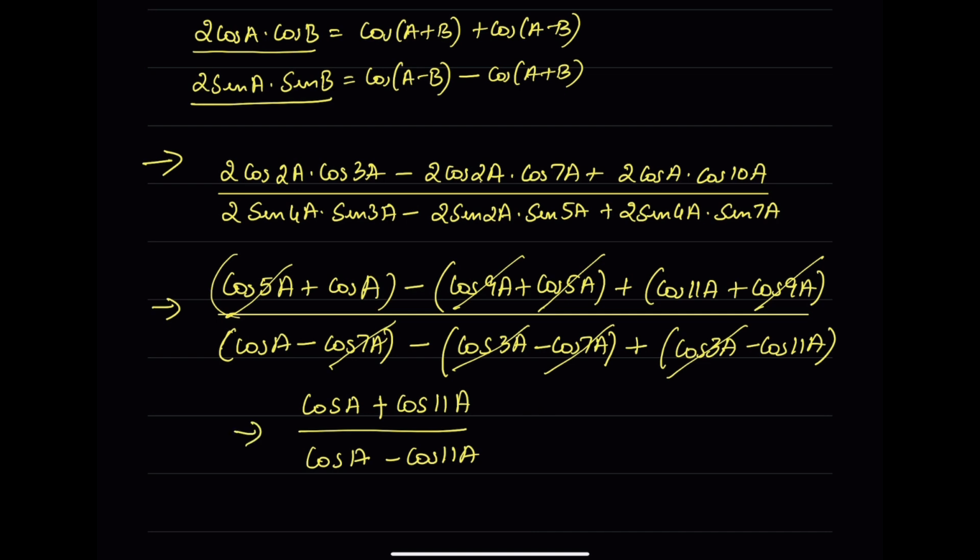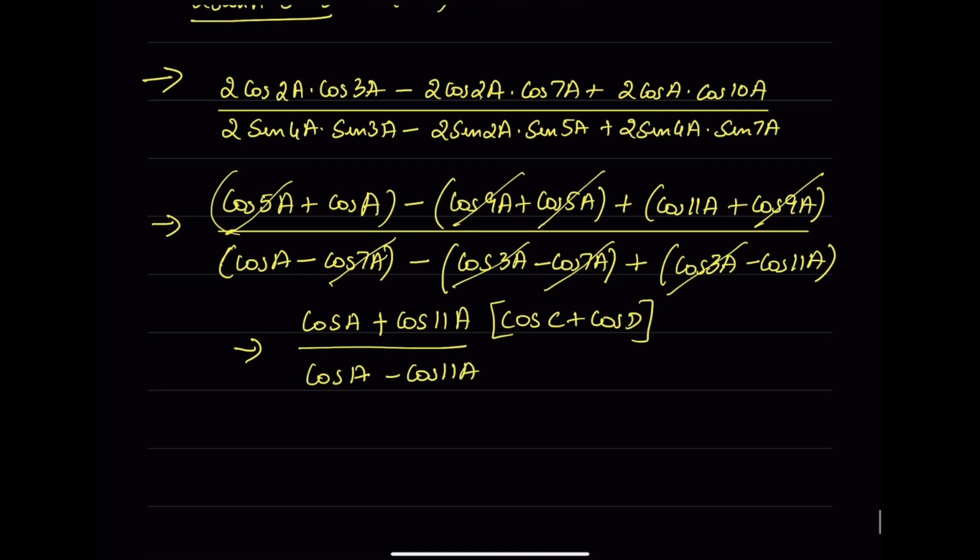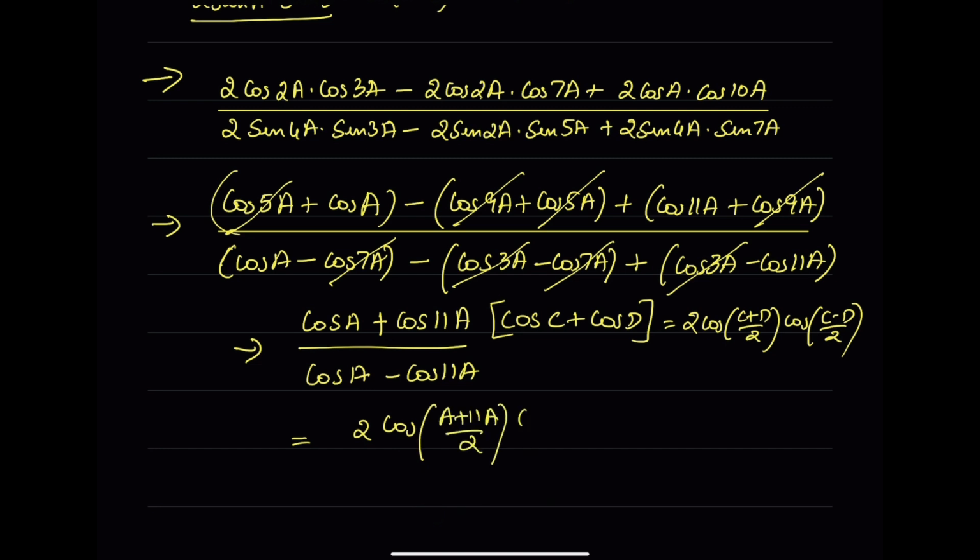Okay, now this is of the format cos c plus cos d. So here let's apply the formula, which is 2 cos (c plus d) by 2 and cos of (c minus d) by 2. So this will change to cos of (a plus 11a) by 2 and cos of (a minus 11a) by 2.